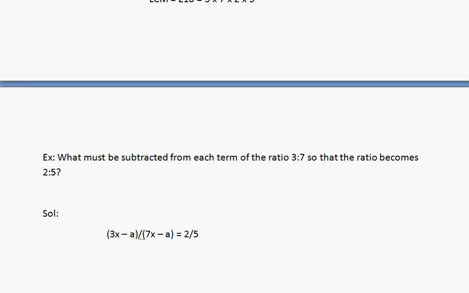Now just find a in terms of x. So just multiply it, it becomes 15x minus 5a is equal to 14x minus 7a.